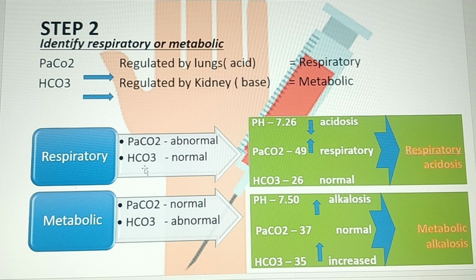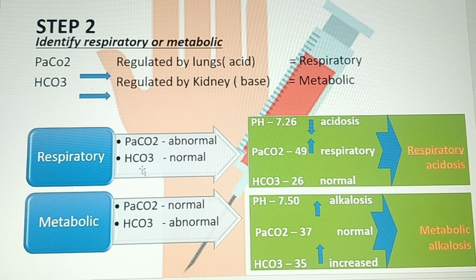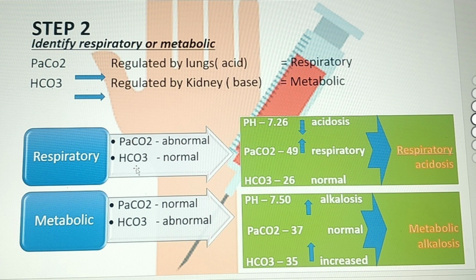On the other hand, just opposite, when PaCO2 is normal and bicarbonate is abnormal, then we call it metabolic. Again, bicarbonate is controlled by the kidney, so it is a metabolic condition.